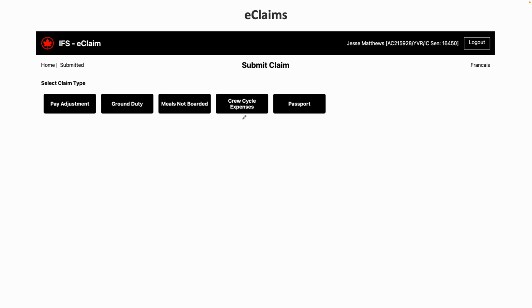Crew cycle expenses will be the eClaim type that you use when you are eClaiming for missing per diems that should have been paid for a pairing. And then finally, the last eClaim type is passport. This is to claim for the $177 corresponding to the 10-year passport that we need for completing any of our work-related duties.